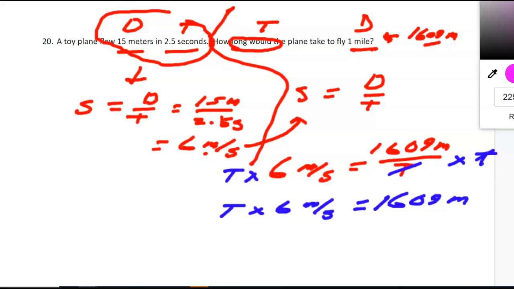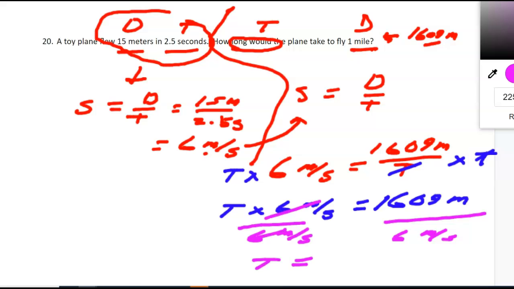Then we have to get time by itself, so I'm going to divide both sides by 6 meters per second. And again, here we have meters and meters are going to cancel away. We have seconds, that's going to be what's left for our answer. So the 6 meters per second are going to go away on the left. We get time equals, and we have to do 1,609 divided by 6. And that'll be our answer in seconds.